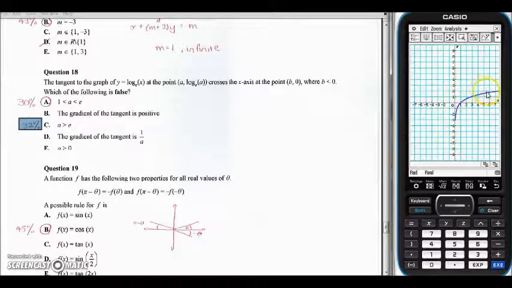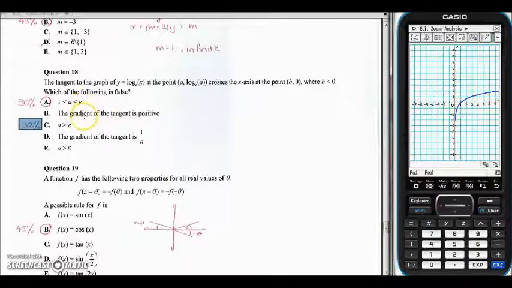You can see if you draw a tangent way up here, there's going to be a negative x-intercept. But if you draw a tangent, say right here, then the x-intercept of the tangent is going to be positive. So where do I draw my tangent so that the x-intercept of the tangent is negative?